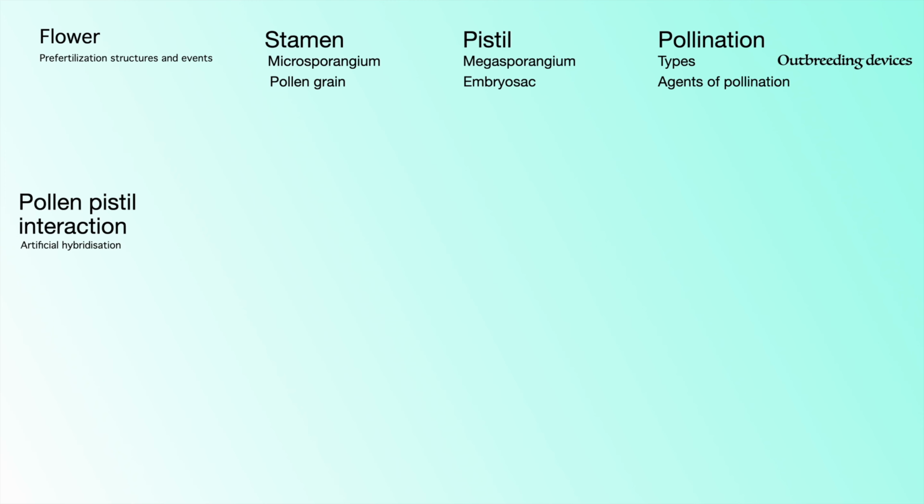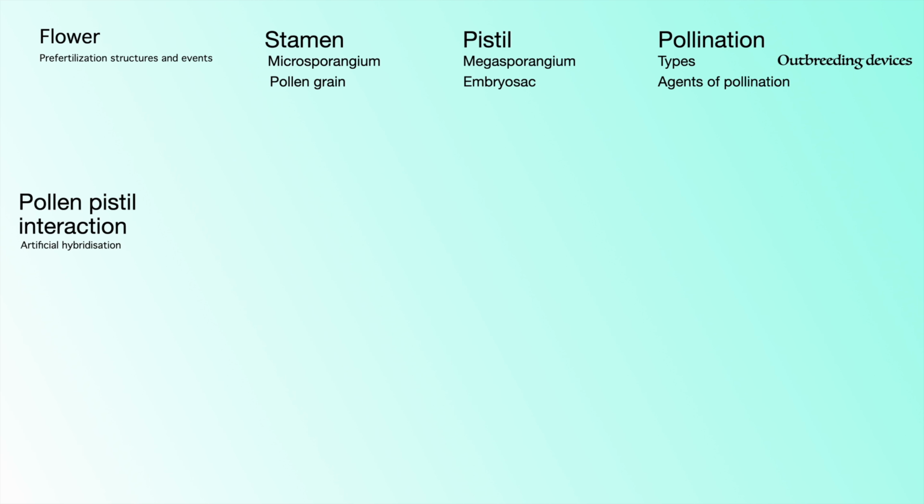The stigma can receive pollen from its own stamen, that is self pollination, and that has to be prevented. And this stigma can receive pollen from other plants also, and that has also to be prevented, because we have desired pollen grains, and only those pollen grains should be used for this stigma.